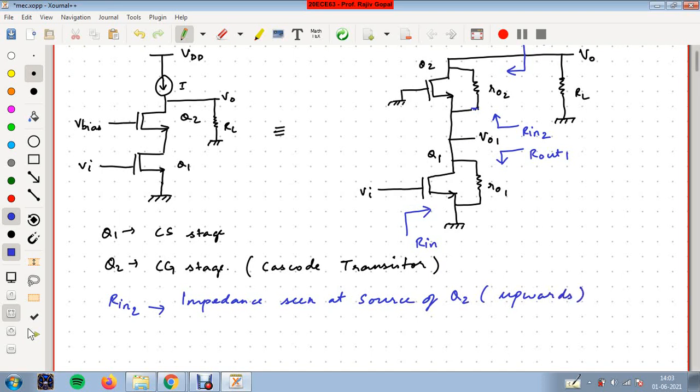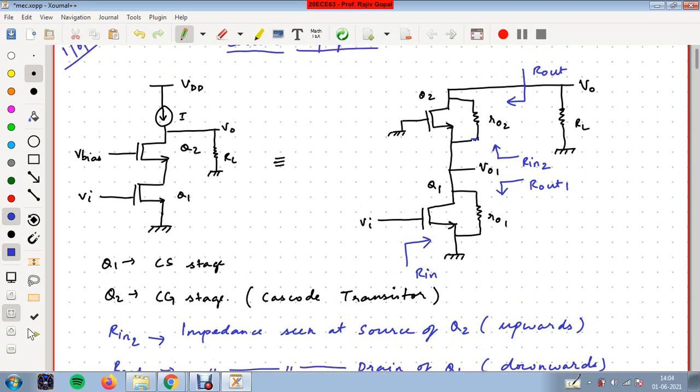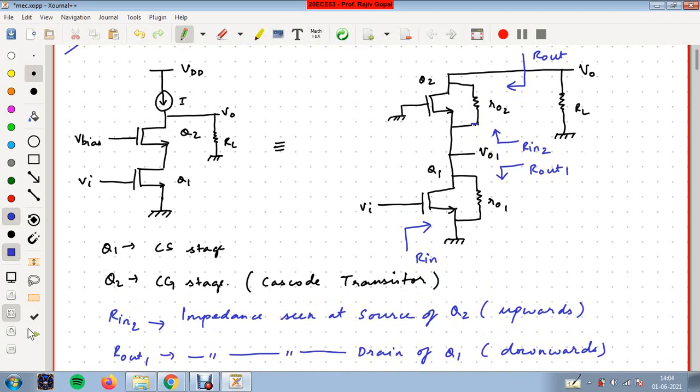Rout1 is the impedance seen at the drain of Q1, and here I'll write downwards. So we'll find out what is Rin, what is Rin2, what is Rout1, and what is the final Rout.